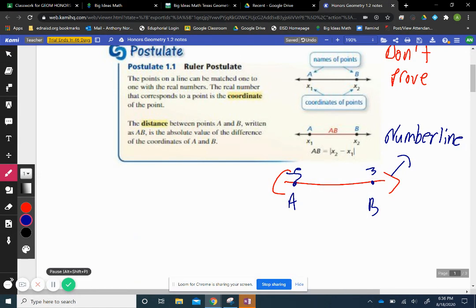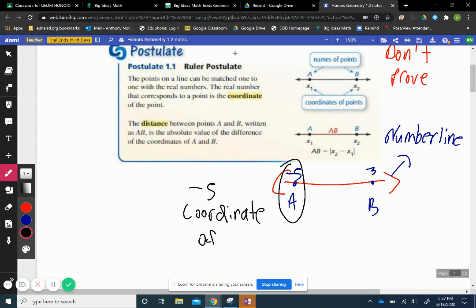The next thing is saying that the real number that corresponds to a point is the coordinate of the point. It simply means if we take these two here, -5 is the coordinate of A, which makes sense if you think about it. We're used to our points having a coordinate.